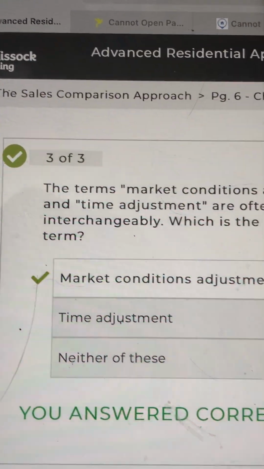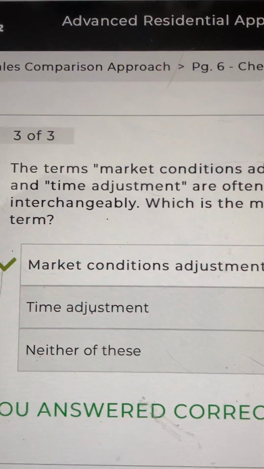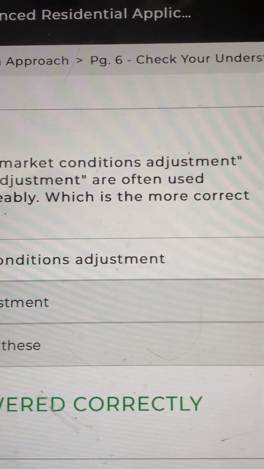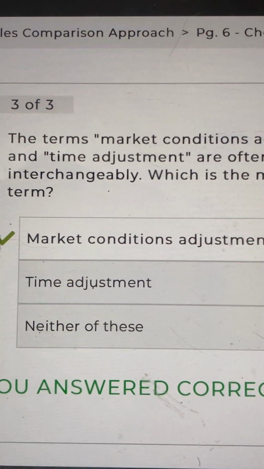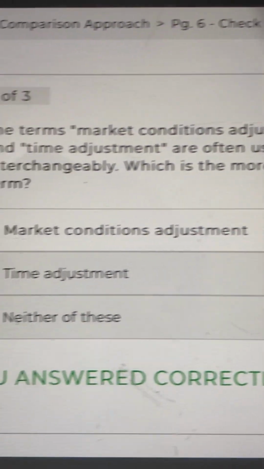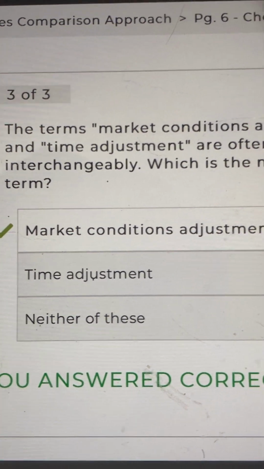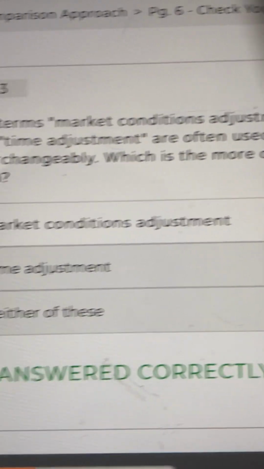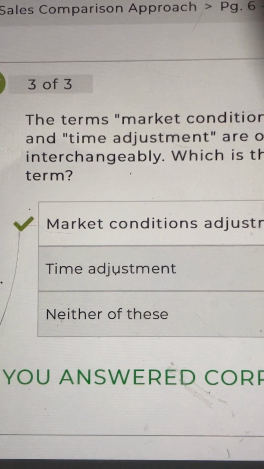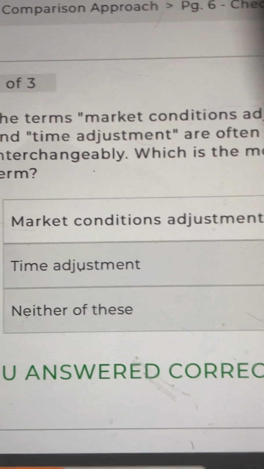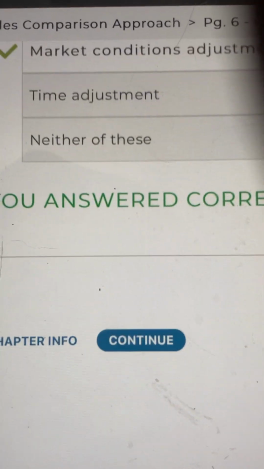And lastly, number three, the terms market conditions adjustment and time adjustment are often used interchangeably. Which of these is the more correct term? You said market conditions adjustment, and that was correct. Continue.